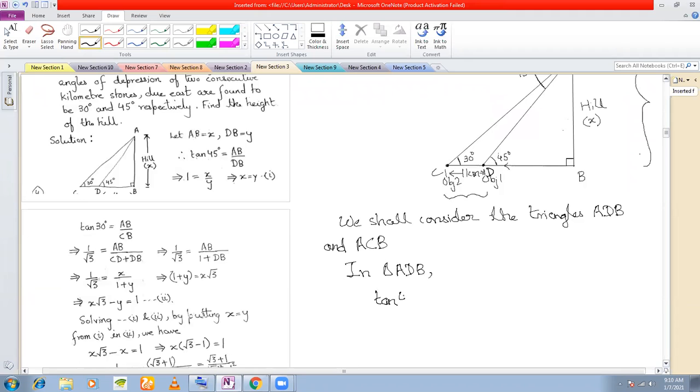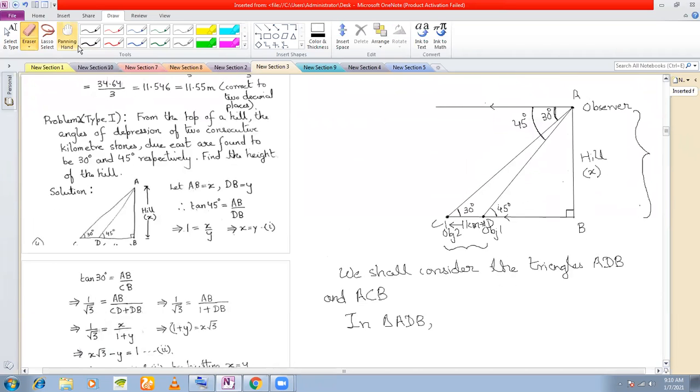we use tan 45. Why are we using tan? Because we need to find out this length here and this length also, and these two sides are related with this angle only by tan.